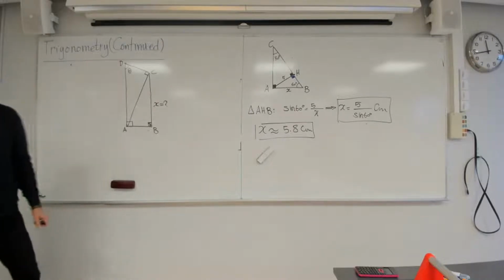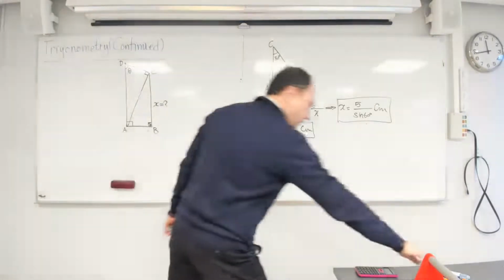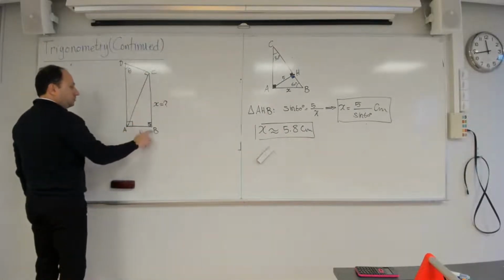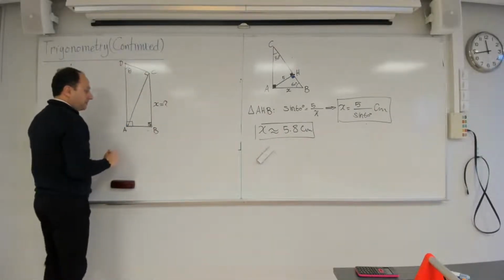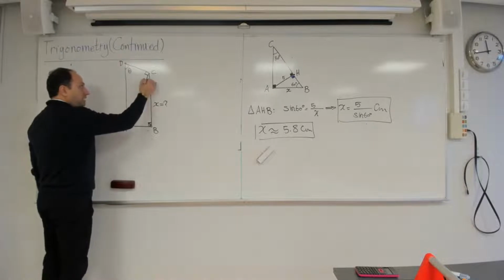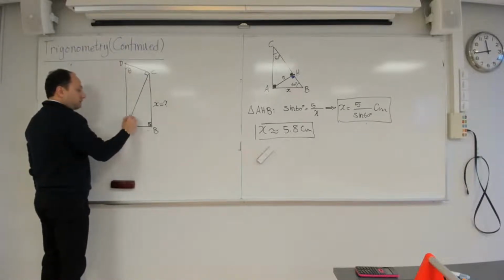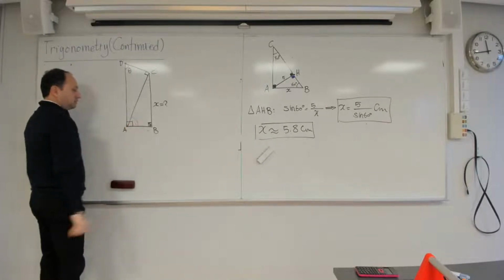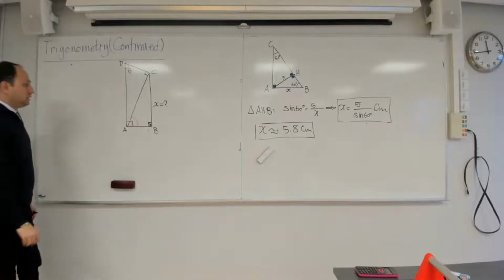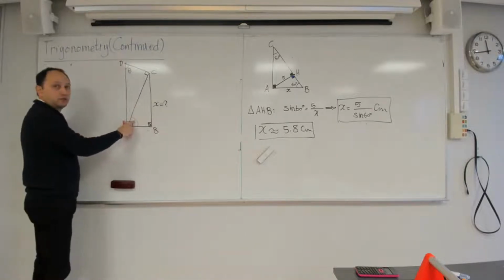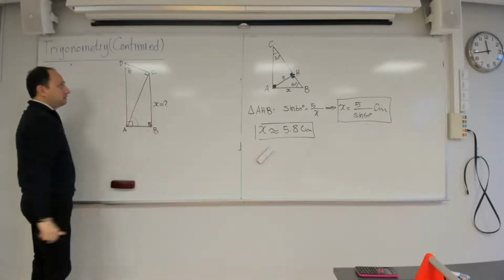So let me choose a color here. In this triangle ABC, one of the angles is this one, one of the angles is this one, and one of them is expressible in terms of theta.